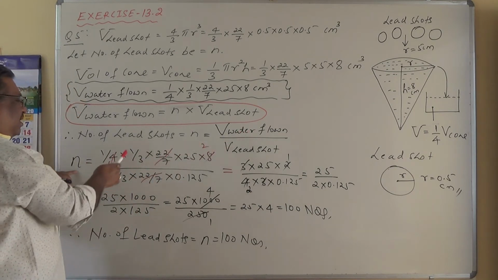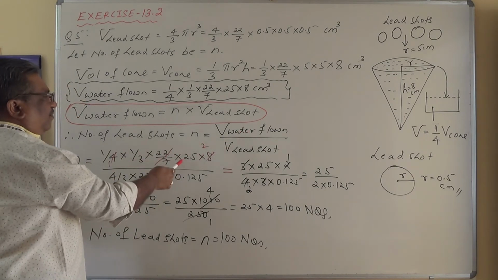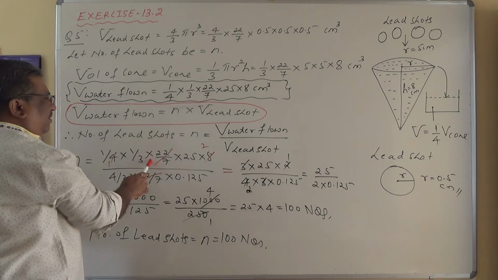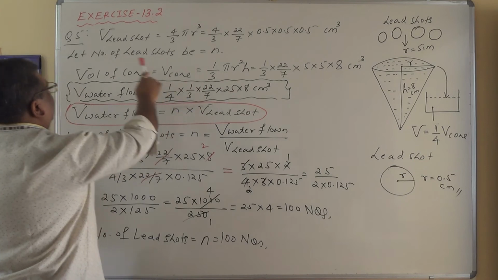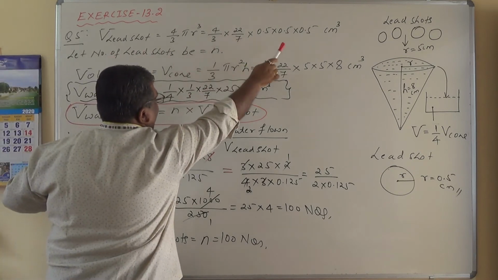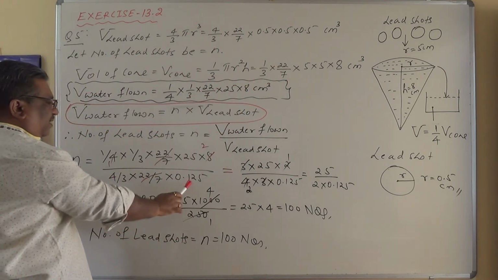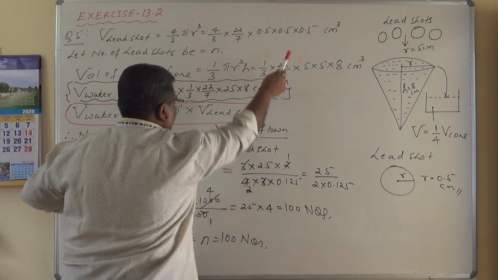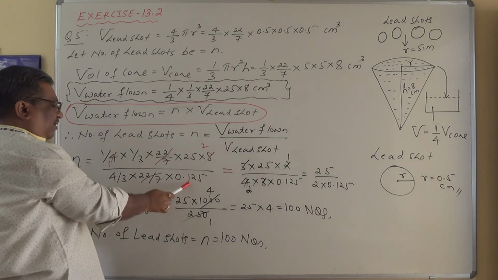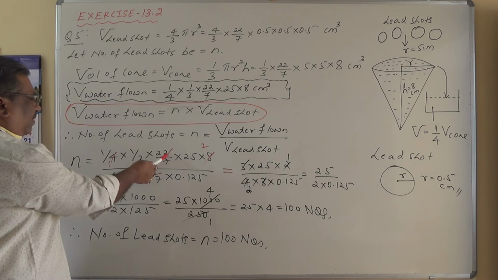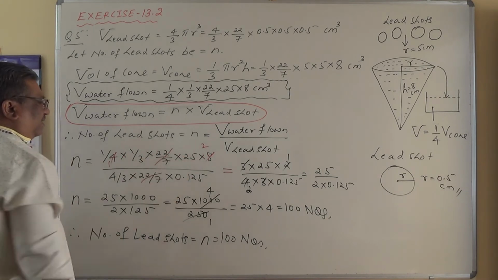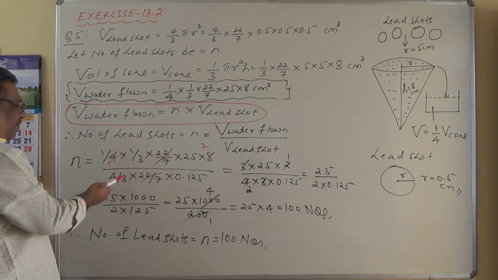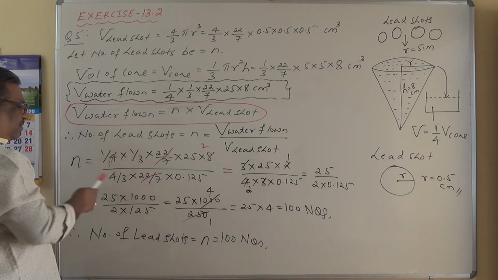N equals, this is the volume of the water flown, divided by volume of lead shot. Volume of lead shot is this entire part, which is written here, where 0.5 into 0.5 into 0.5 is taken to be 0.125. So 22 by 7 and 22 by 7 cancels. 4 ones are 4, 2 fours are 8 here. So remaining this 3, I am taking up, this 3 comes down.